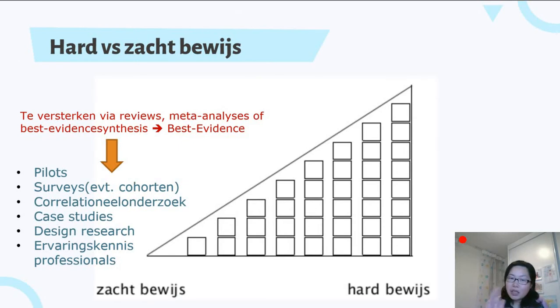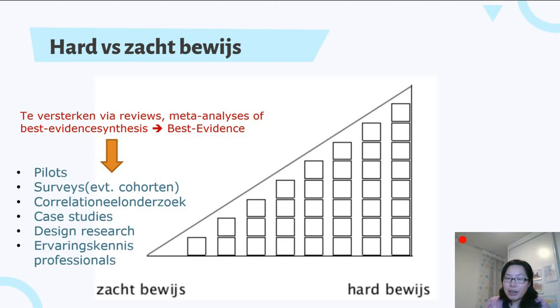And we distinguish the zachte bewijs and hard bewijs, so the soft evidence and the hard evidence. For the soft evidence, we need to keep in mind our pilot test, survey research, correlational research, case study, or some interviews to collect experience from education professionals. These are all deemed as zachte bewijs.